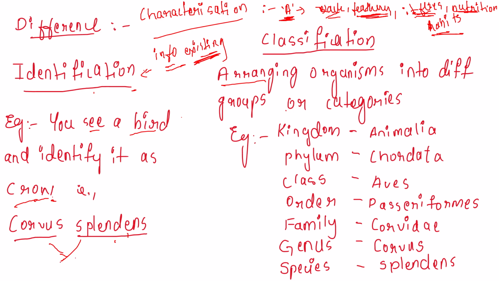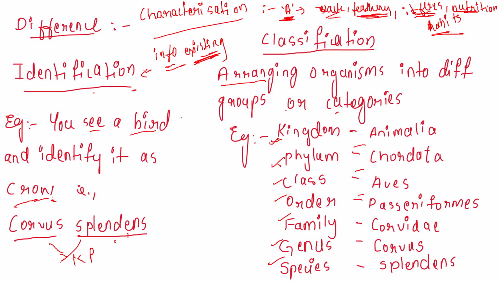That is kingdom, phylum, class, order, family, genus, species. We have to place this crow at various different levels of taxa. So if we see, kingdom Animalia, phylum Chordata, class Aves, order Passeriformes, family Corvidae, genus Corvus, and species splendens.